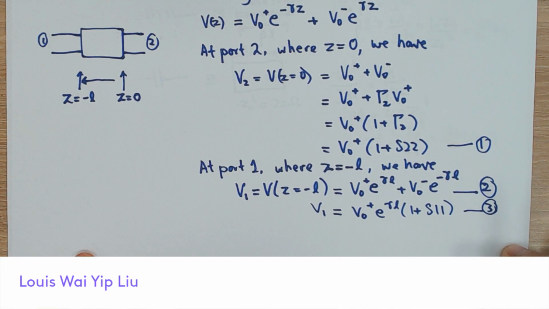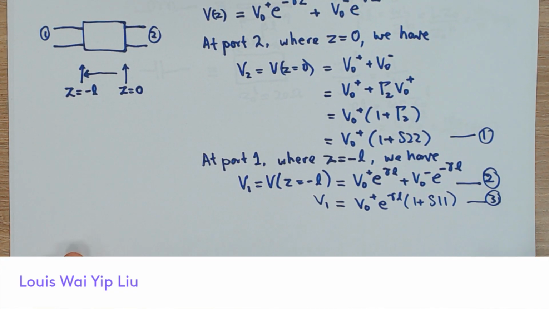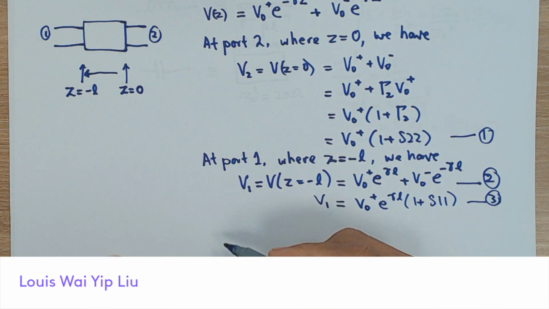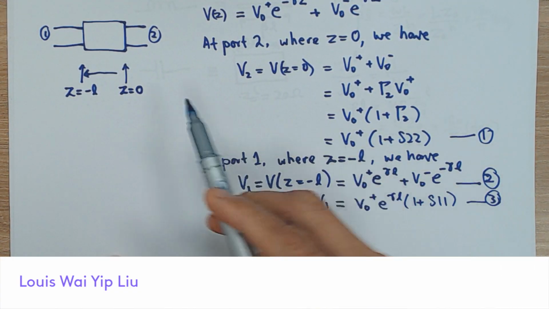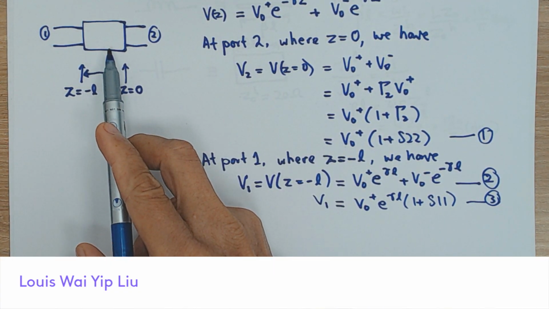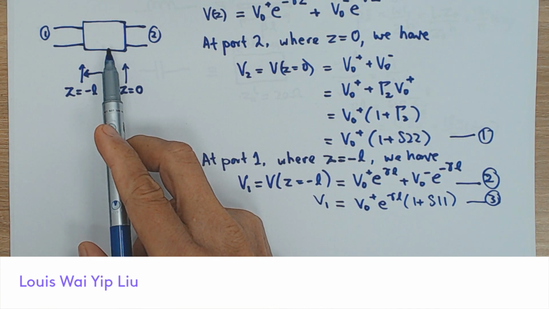Now we are going to assume the transmission line operates under matched conditions.